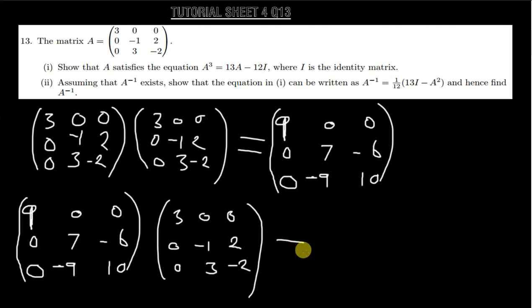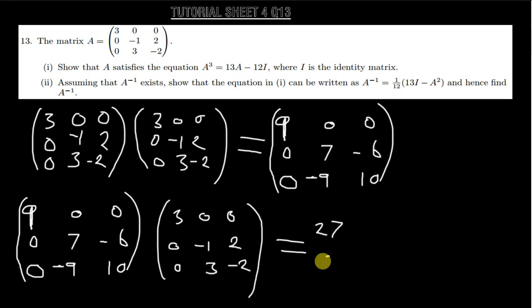And then we multiply. So this is going to be 9 times 3. I'm going to get 27. Then this will be 0 times 0, 0 times then you still get the same zeros. So I'll just write 27 and zeros there. Then I'll move on to the next one here. So this will be 0 times 3, 0, 7 times 0, 0, negative 6 times 0.